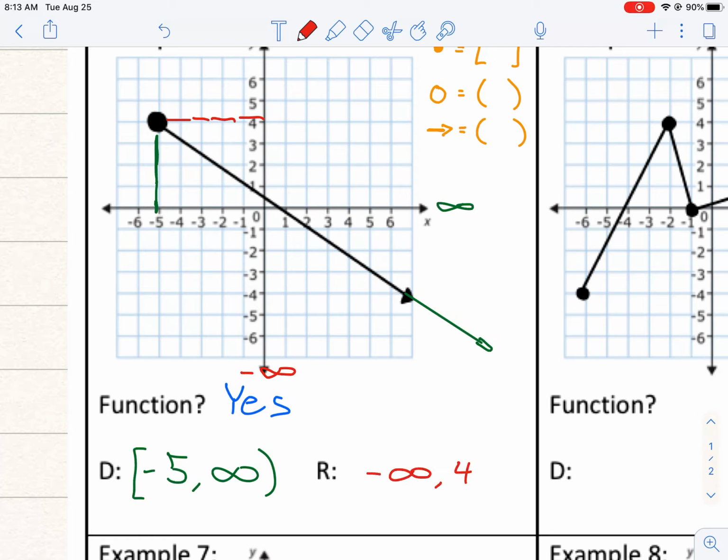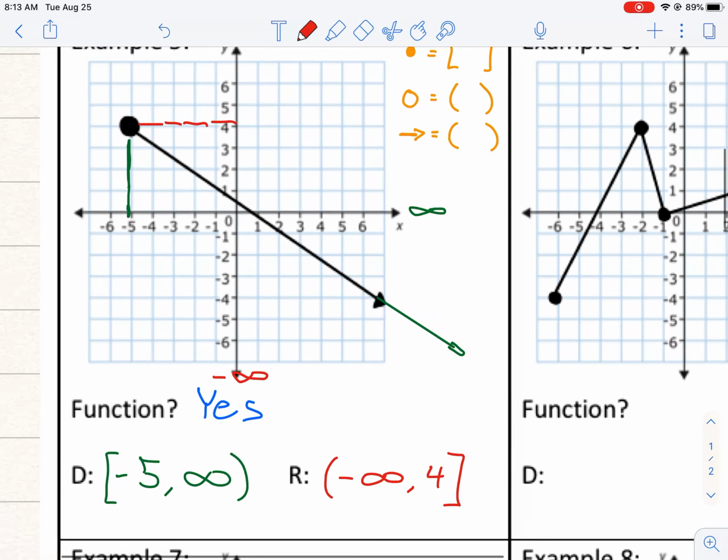My highest point is 4, parenthesis, and bracket. Notice how it looks like a coordinate point. The only difference is that you're using brackets when you have closed dots, or you could have infinities thrown in there. So that's the interval notation that we're using when we're trying to define our domain and range from graphs.